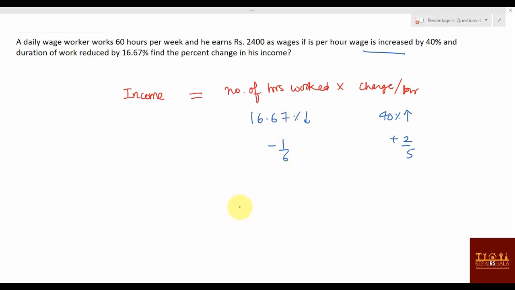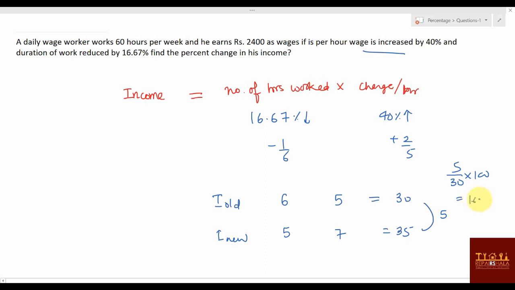Now the same thing you can find for income old and income new. 6 will become 5, 5 will become 7. Income before was 30, now it is 35. How much increase is happening? 5. So 5 by 30 into 100, that is how much? 16.67 percentage only. Clear? Clear, right? Okay.